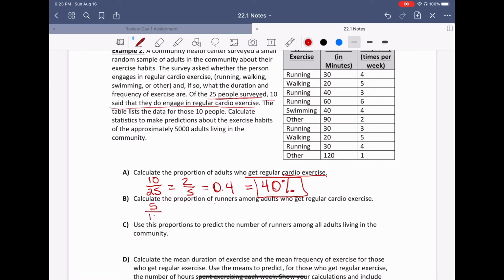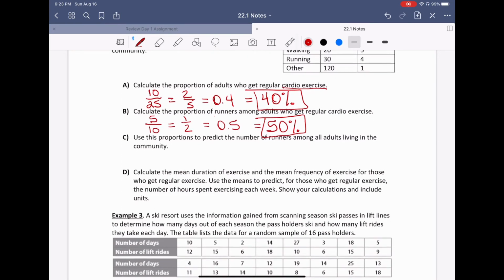Out of 10, right? Because 10 get regular cardio exercise, gives us a proportion of 1/2, which we know is 0.5 or 50%. This tells me 50% of adults who get regular exercise are runners.